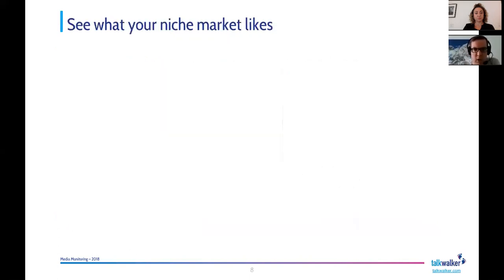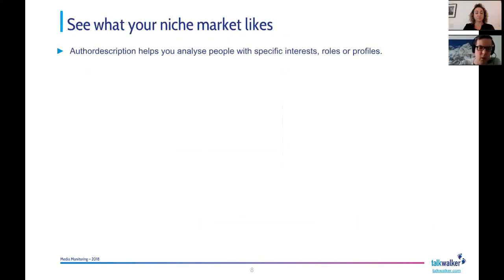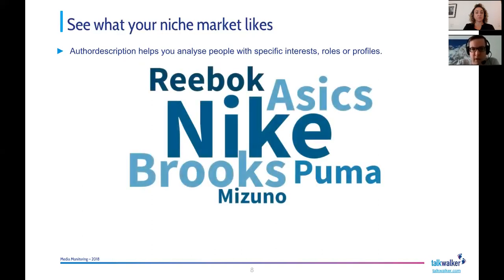And then one other one I like to use that I think is interesting to people is author description. So say you are interested in a specific target market and what their interests or hobbies are, or anything that they're currently looking at. For example, in this case, I used author description jogger.